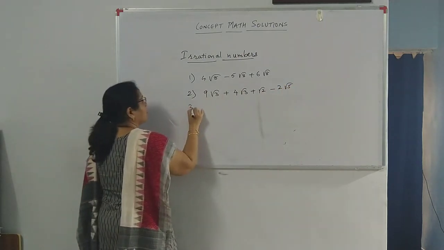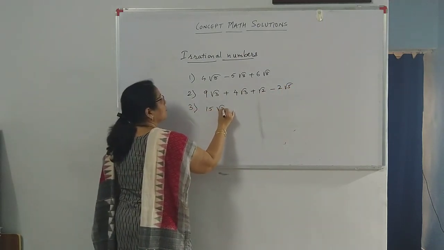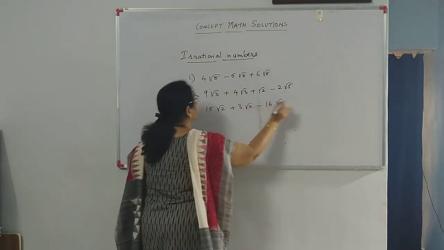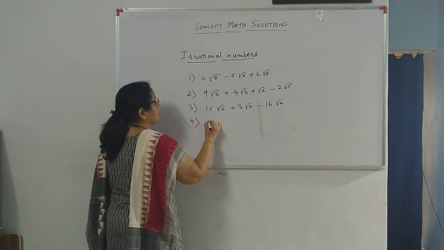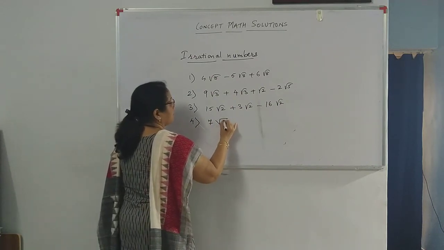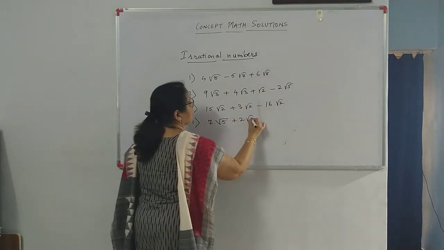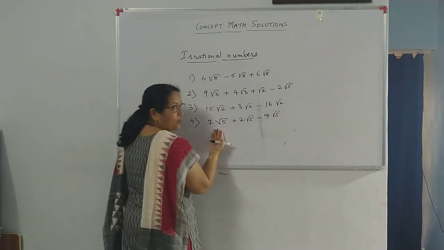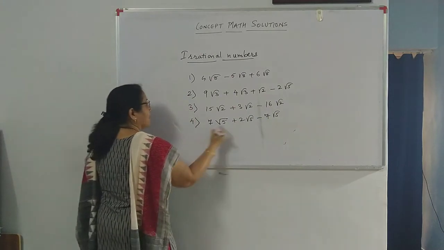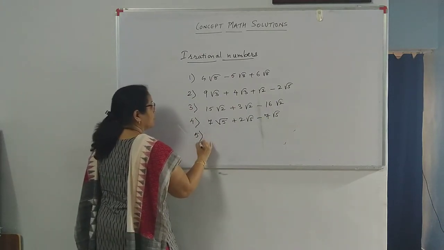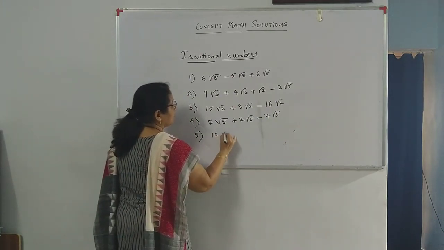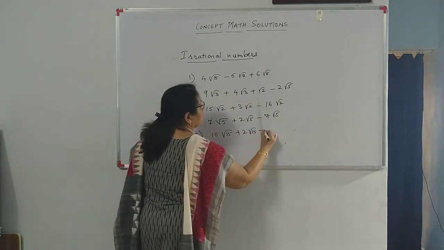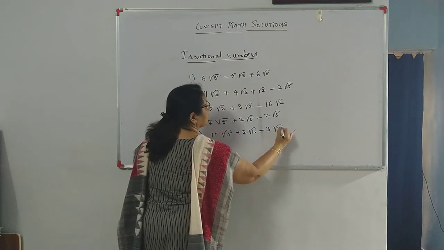Be careful in calculations. 15 root 2 plus 3 root 2 minus 16 root 2. The fourth one, 7 root 5 plus 2 root 5 minus 7 root 5. It's obvious these two will get cancelled and this will be the answer. You work on it. So 10 root 15 plus 2 root 15 minus 3 root 15.